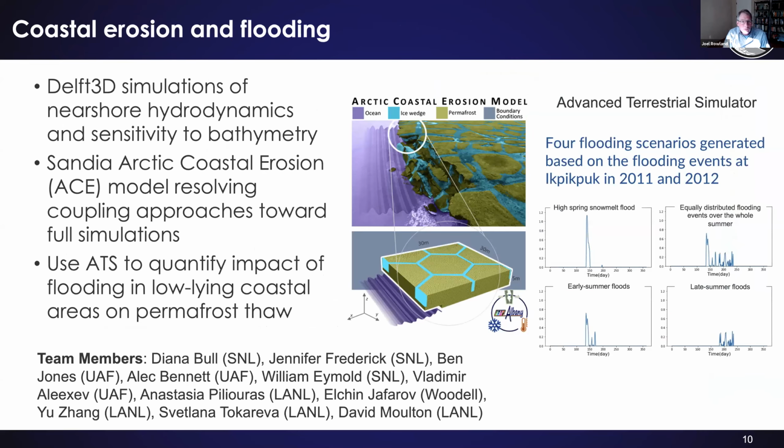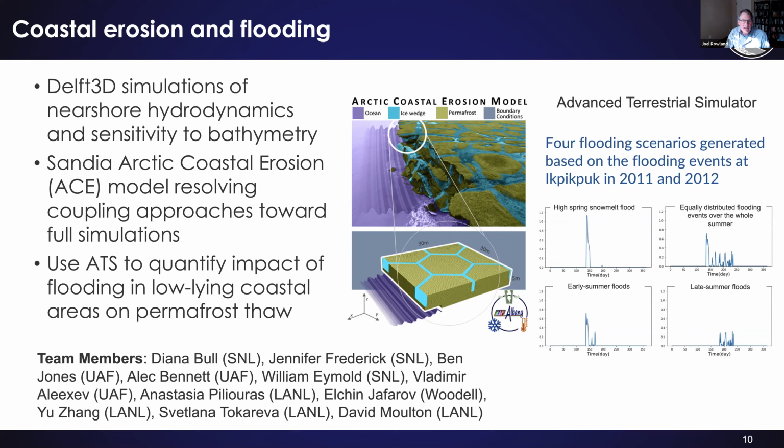Also, looking at outside of the E3SM framework, we're working on what has been described as a hierarchy of models, so really looking at high resolution specialized models to begin to investigate questions of coastal erosion and flooding. Our two main modeling tools for this are the Arctic Coastal Erosion Model developed at Sandia National Lab, which I know a number of people here have collaborated on some of the field efforts to help parameterize that model.